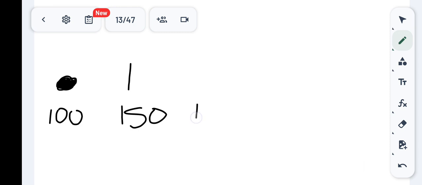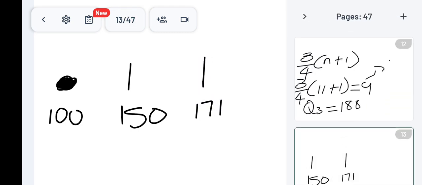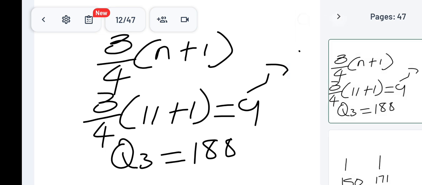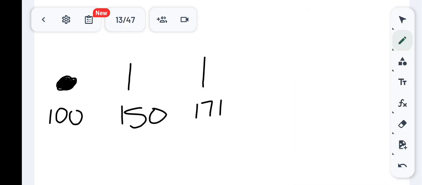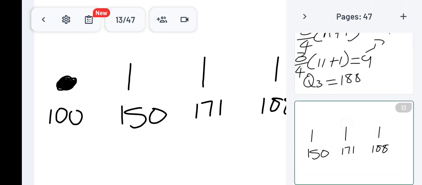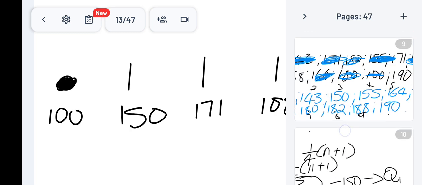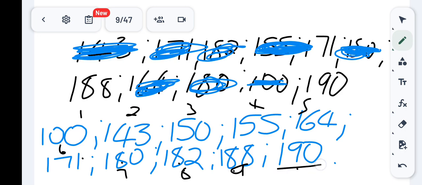There's my 171, followed by Q3, the upper quartile, 188. Remember, you have to choose the correct scale, guys. I don't have a ruler with me, so I can't draw this properly, but in your answer sheet, please ensure that you use a ruler with a correct scale. And then lastly, I've got a maximum value of 190.